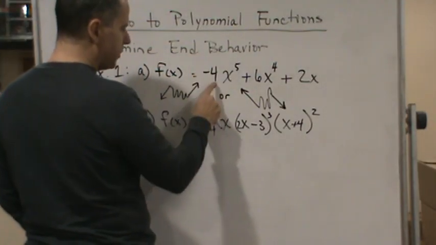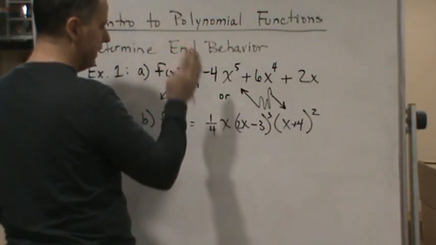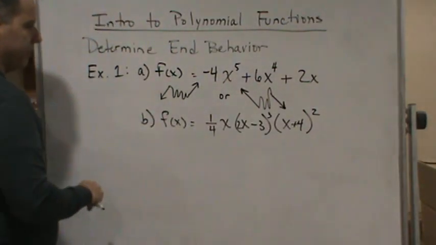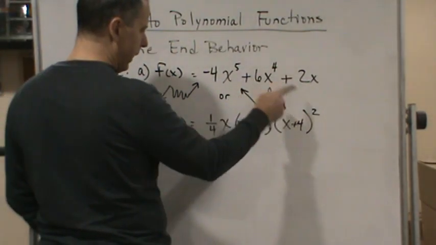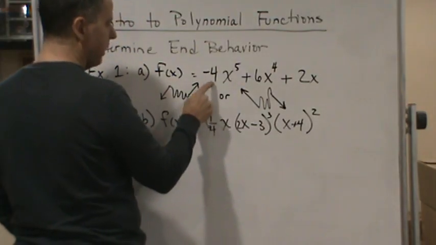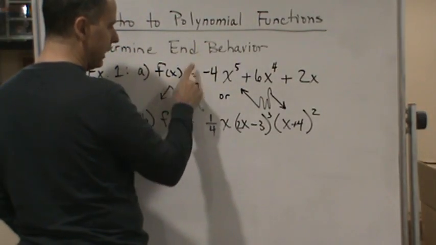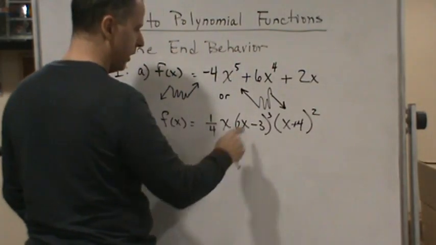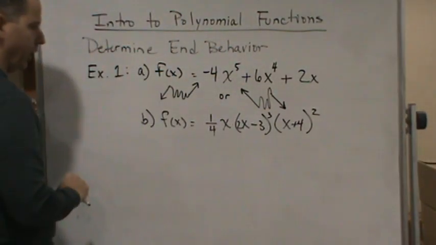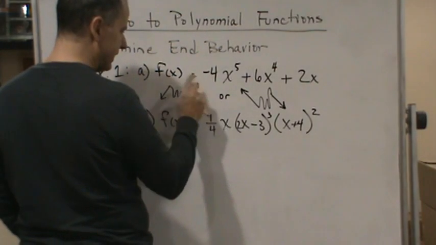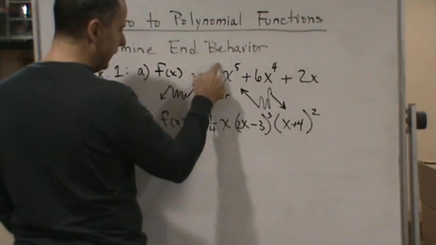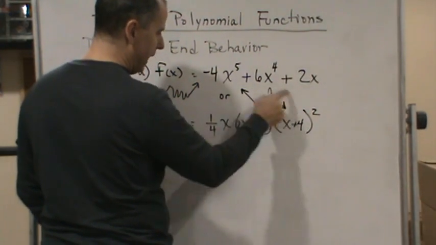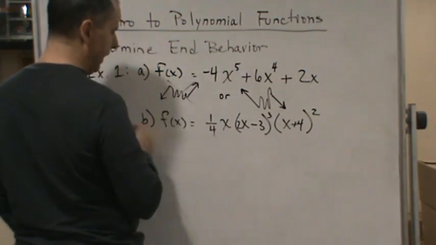If the leading coefficient is negative and the degree is odd, then of course the tails go in opposite directions, but the negative leading coefficient tells us that it has a general downward trend. So it'll be this one. Going back to this example, the leading coefficient is negative, so we know it's going to have the end behavior of this, not this.